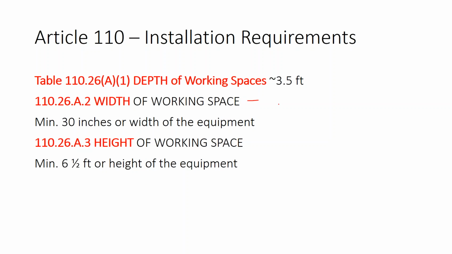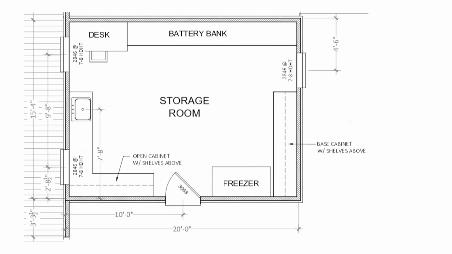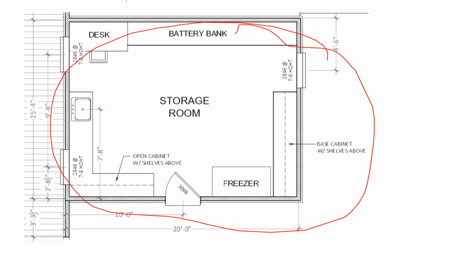There's height requirements and width requirements, but the main odd thing is the depth of the battery. When you're doing a solar array, it's generally pretty easy to locate the inverter. If this is our building and our electric service is coming into the building, generally you'll either put the inverter on the outside on the wall or on the inside of the wall right next to your electrical unit.